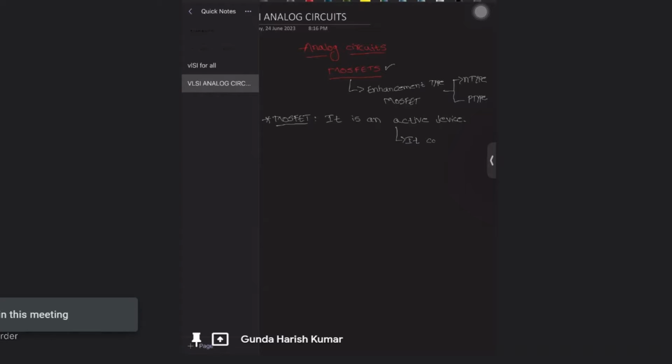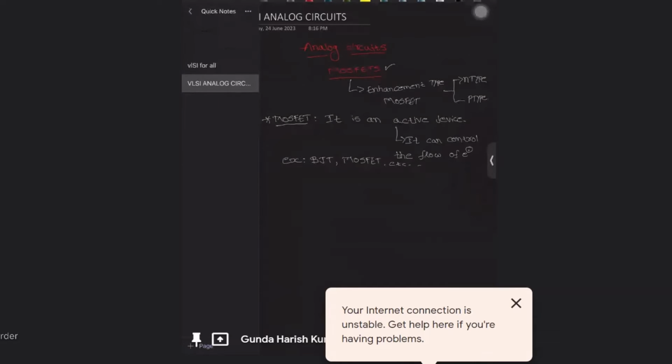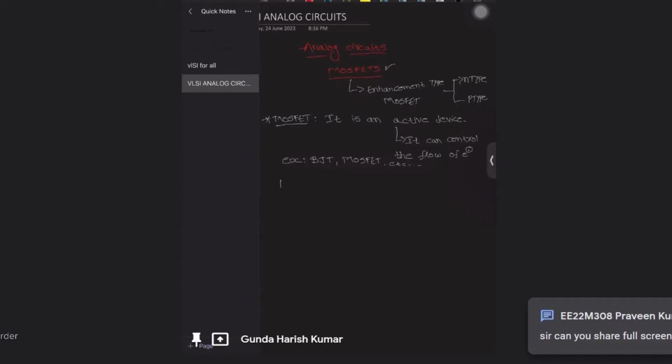Active device means it can control the flow of electrons. Examples for this are BJT, MOSFET, etc. Another is the passive device.